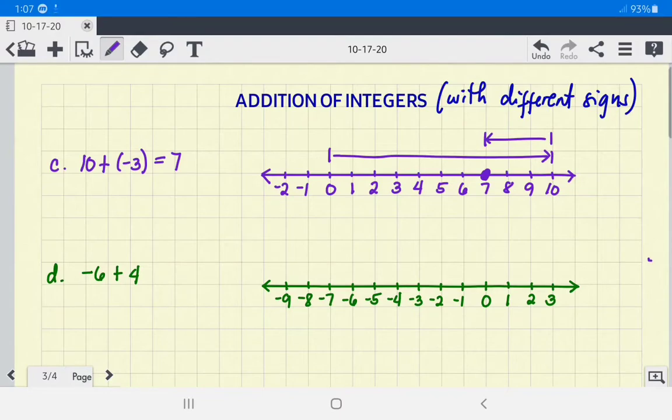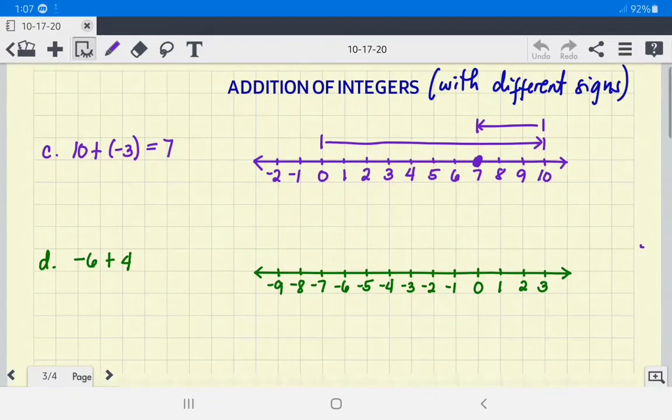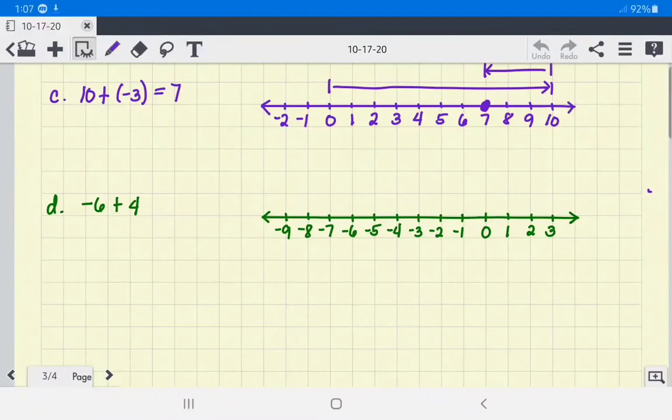Okay. Next, for letter D. Let's say we have negative 6 plus 4. So again, from the origin 0, since 6 is negative, we're going to move 6 units in a negative direction.